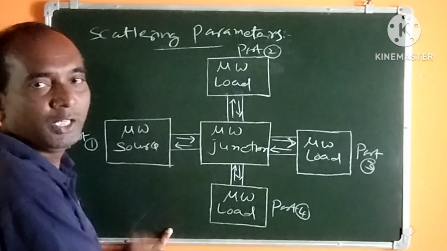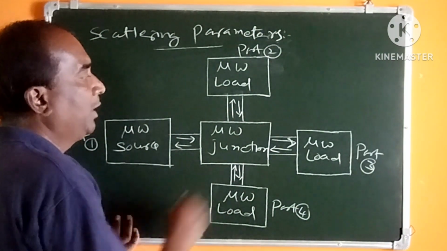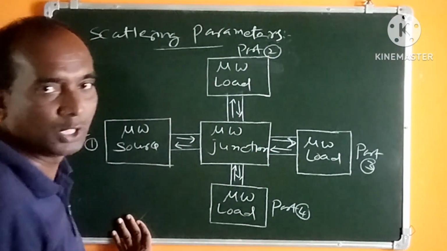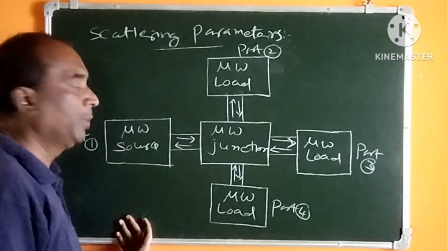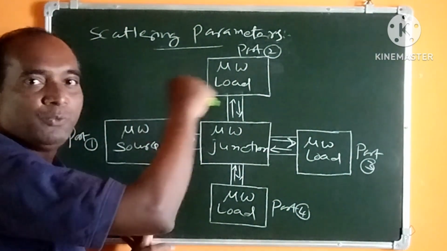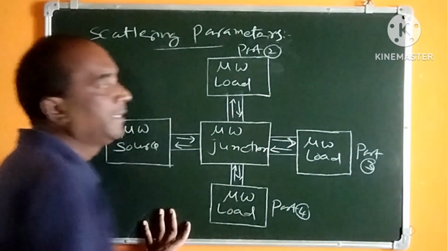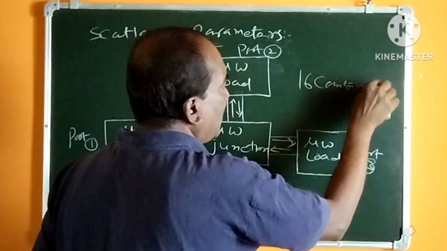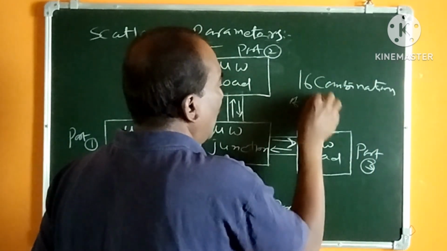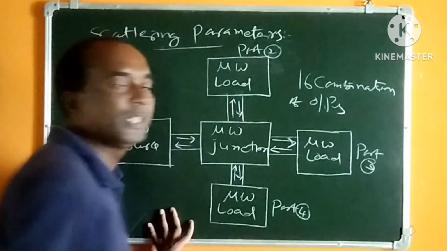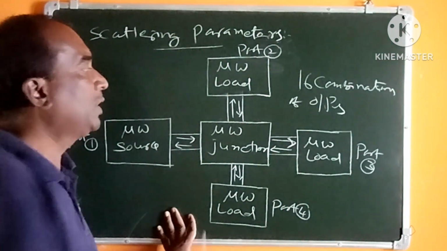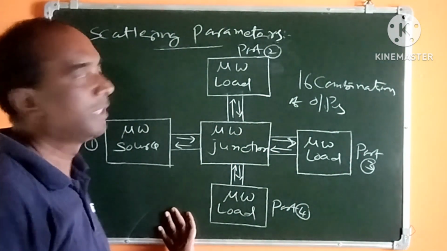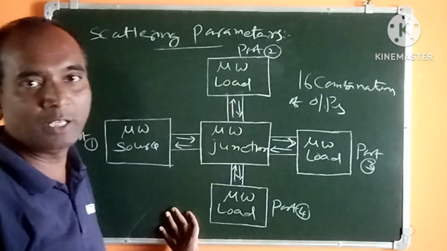There is a possibility of another 4 outputs. Similarly through the third port and the fourth port also. Therefore, when the power is given through all the 4 ports, we can get 16 combinations of outputs. These outputs can be determined by using parameters like S parameters, the scattering parameters.